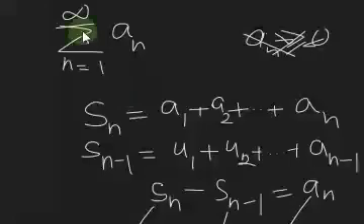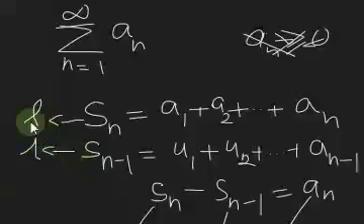But if you have any series like this, we don't know the sign of a_n, right? So this is the nth partial sum, and this is the (n minus 1)th partial sum. If you take the difference between these two, you get a_n. And if this series is convergent, this partial sum has a limit.